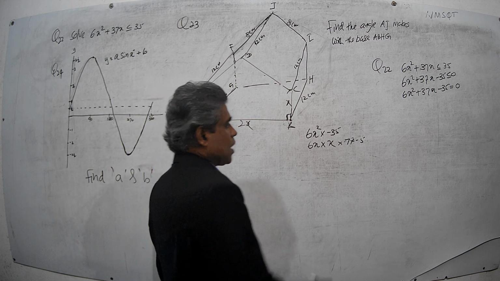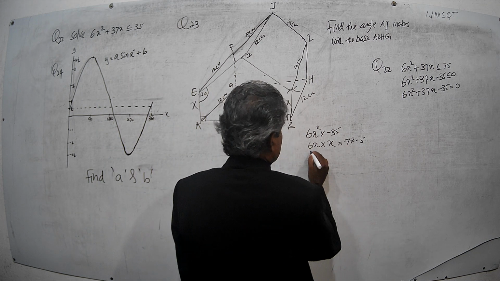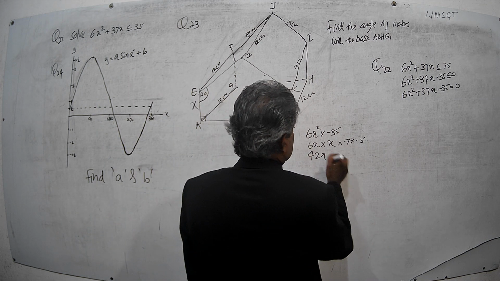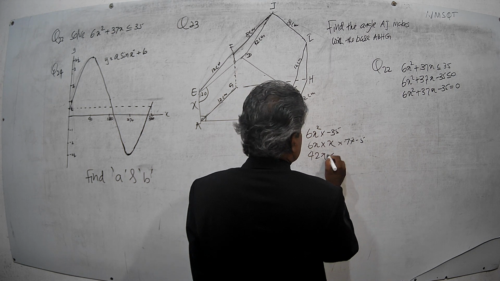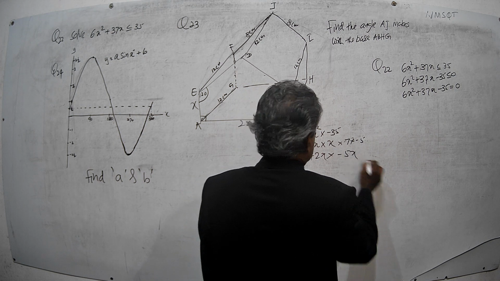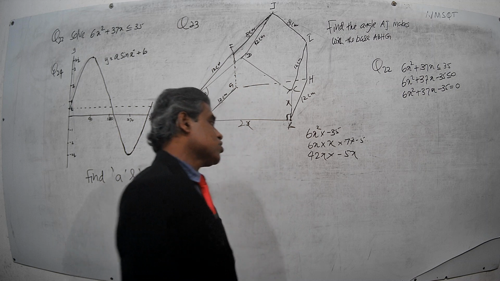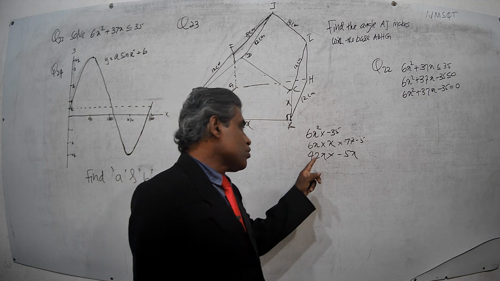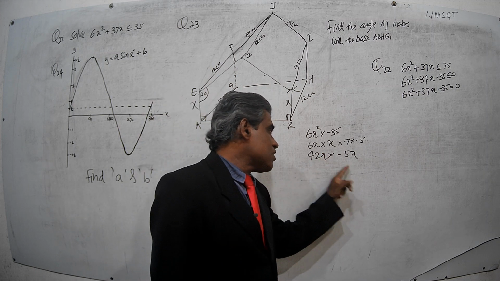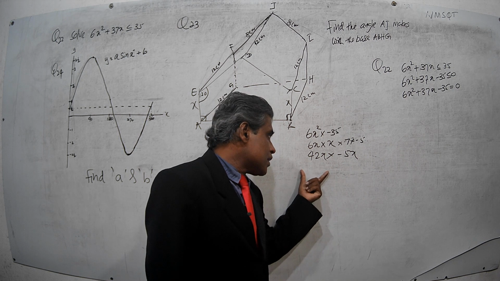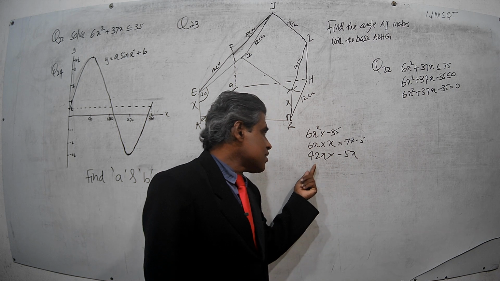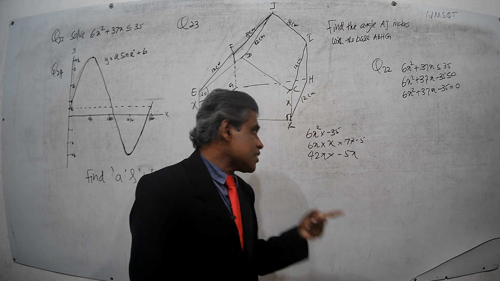Then we take the couple, 7 and 6, giving 42x. Then 7x and minus 5 gives minus 5x. Now if you add these two, 42x minus 5x, you get positive 37x, correct? Then these are the factors.